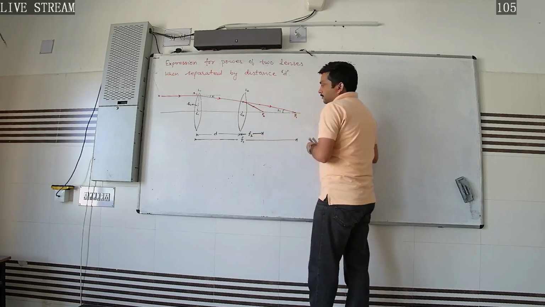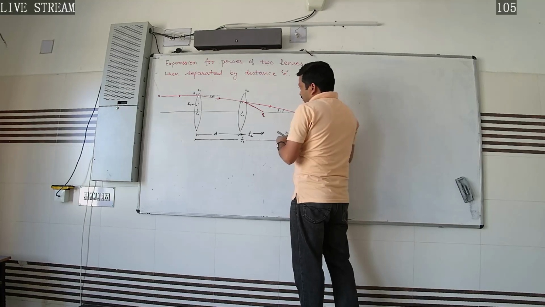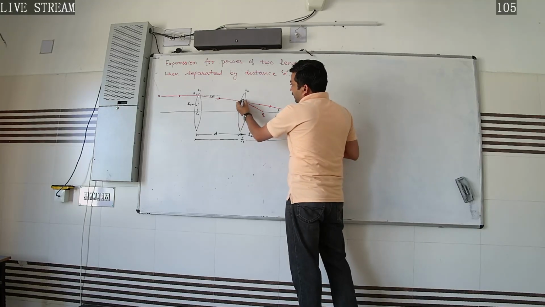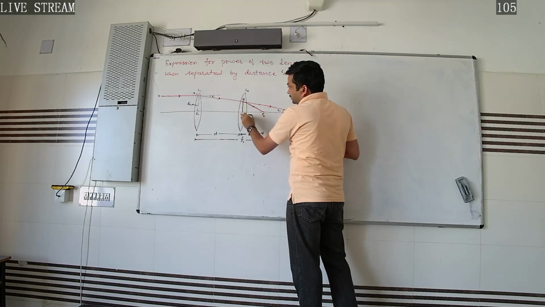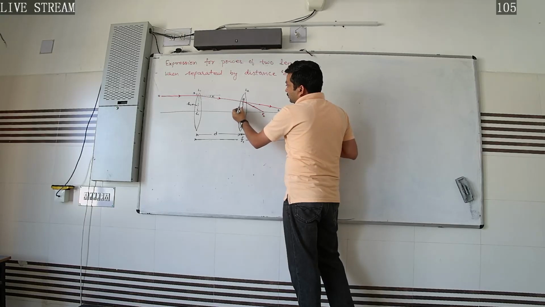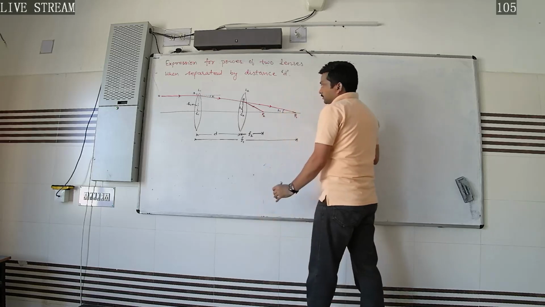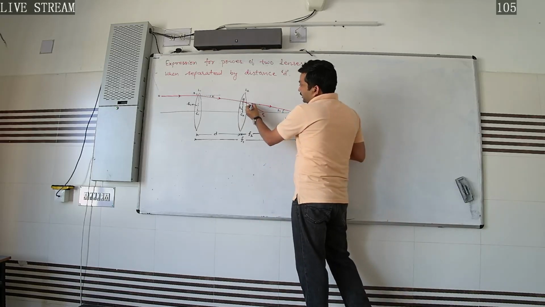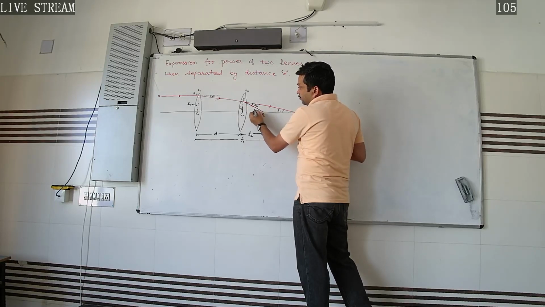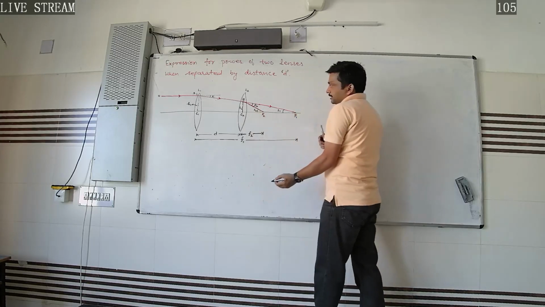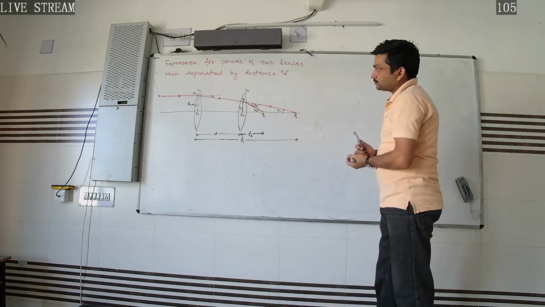Let us consider this ray of light is incident at point B, and its distance from the optical center C2 is denoted by H2. Further, this ray of light has suffered the deviation delta 2, such that this angle and this angle both will be equal, that is delta 2.